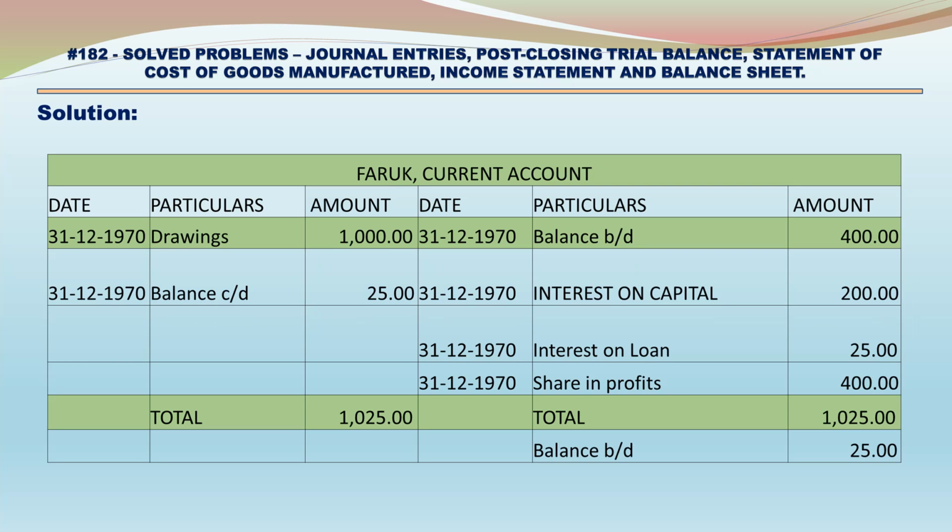Farooq's current account. On the credit side, interest on capital 200, interest on loan 25, share in profits 400, total 1025, less drawings 1000. The balance carried down is 25 credit balance in Farooq's current account.